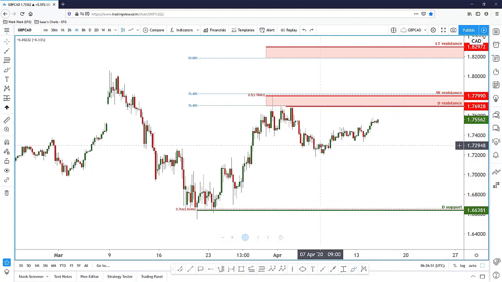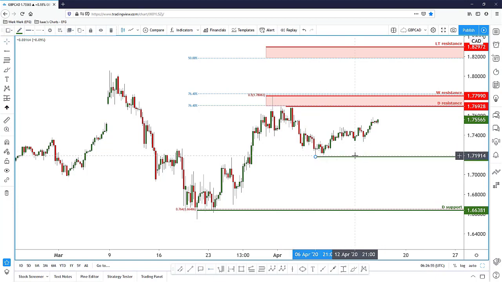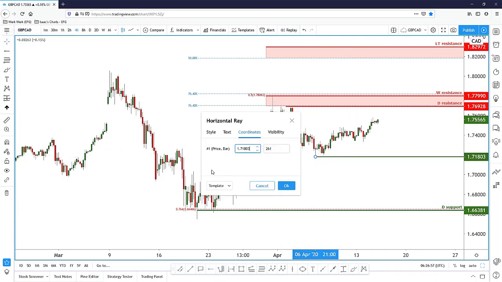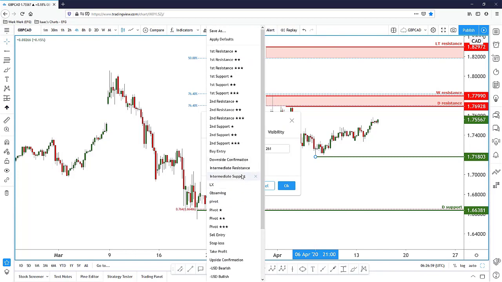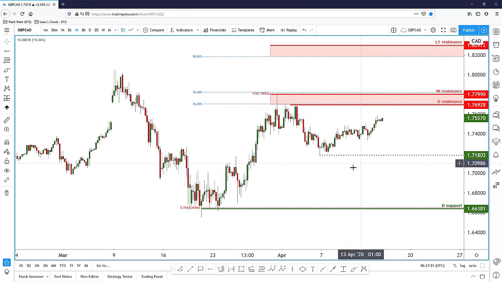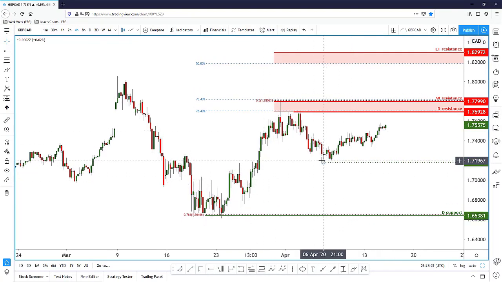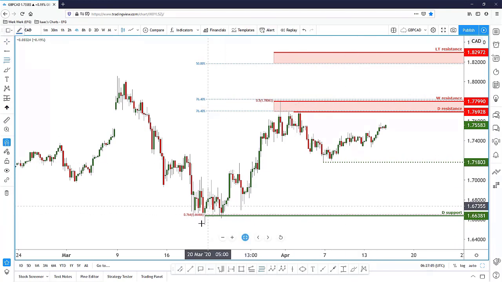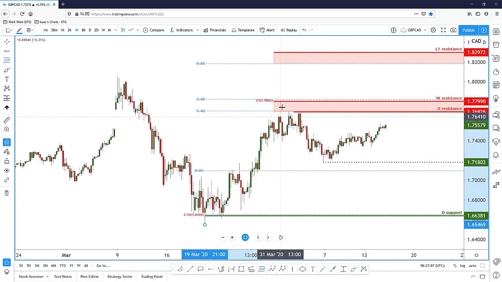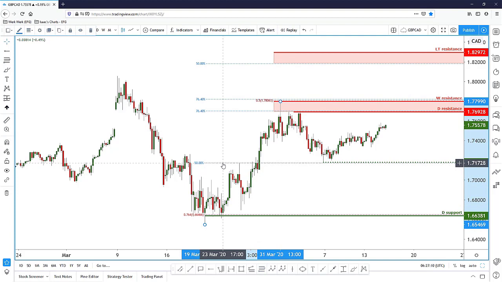Now recall that we actually have a graphical support level here, right? Let me just put it as a dotted line because it's a really short-term support level. This support level here, remember we confirmed it on the daily by using a Fibonacci retracement of 50%.